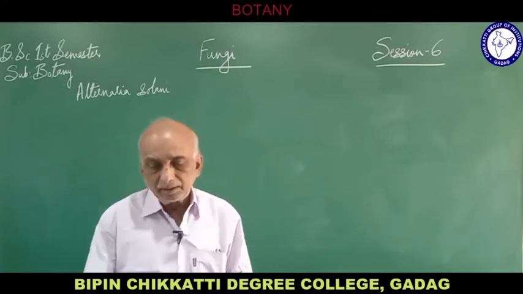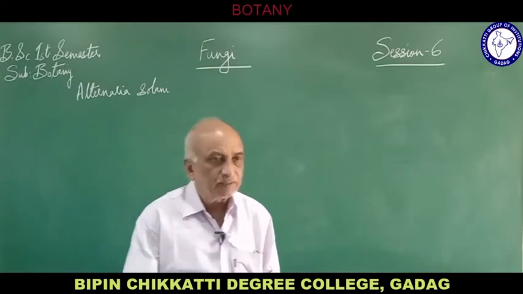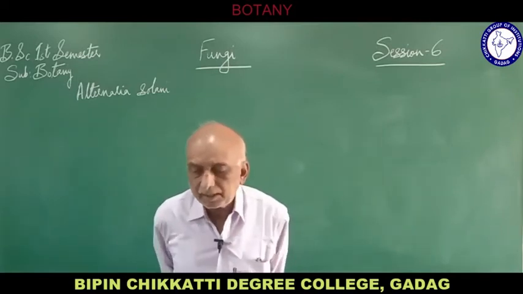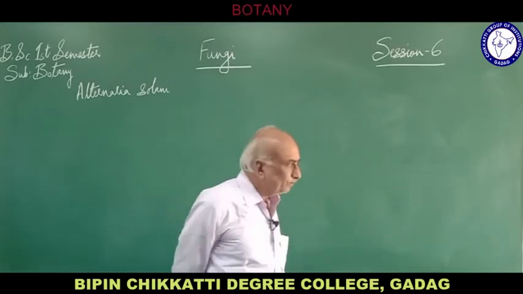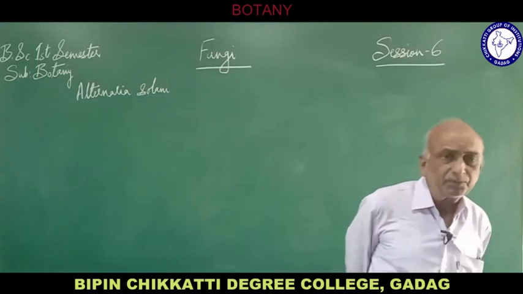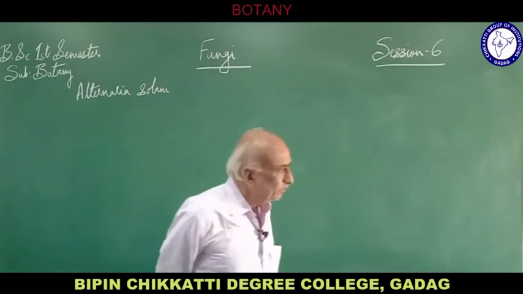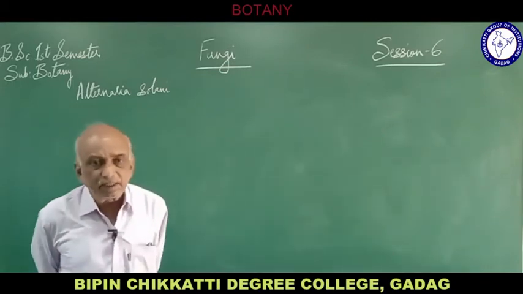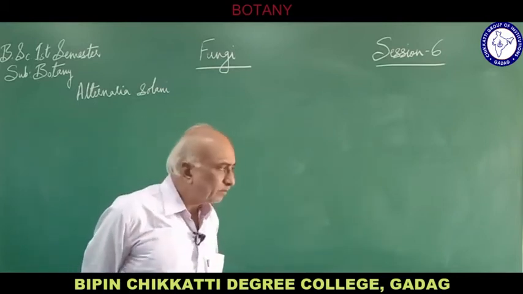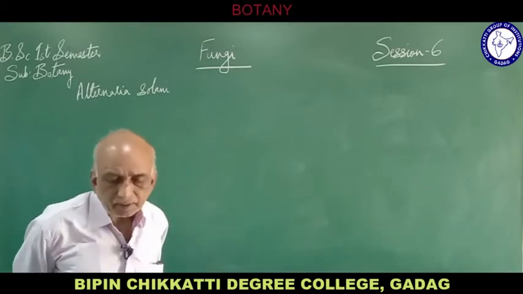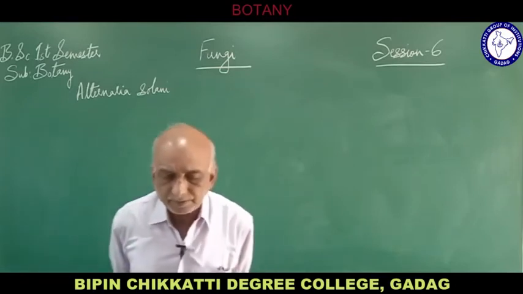Hence the symptom of this disease is called the target board effect. The target board effect is a symptom of the disease where the yellowish brown spots appear as target boards. That is the symptom of this disease.